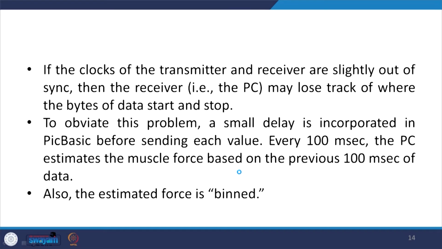So, to obviate this problem, a small delay can be introduced in the PIC before sending each value. For every 100 milliseconds, the PIC estimates the muscle force based on the previous 100 milliseconds of data.